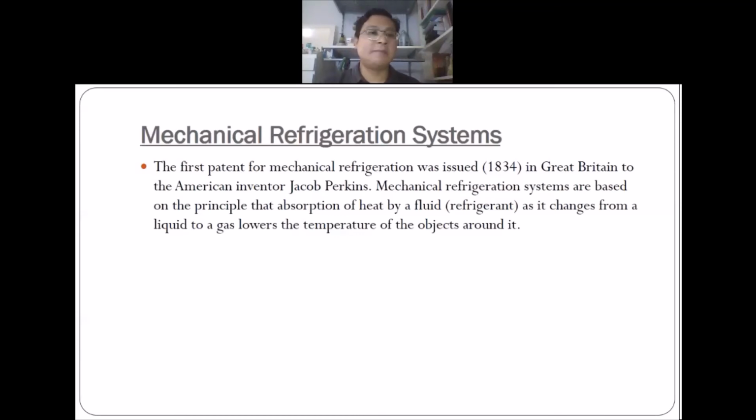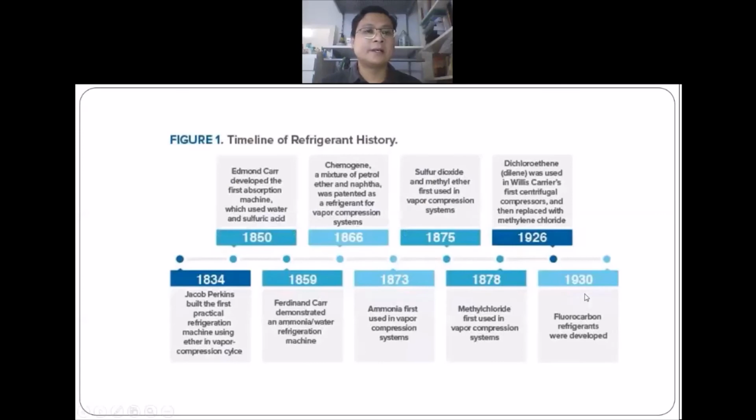Mechanical refrigeration systems are based on the principle that absorption of heat by a fluid as it changes from a liquid to a gas lowers the temperature of the objects around it. This was the first patent, built by Jacob Perkins, I think this founder is from Great Britain. You can see the history of refrigeration starting from 1850 and then about 100 years of development.